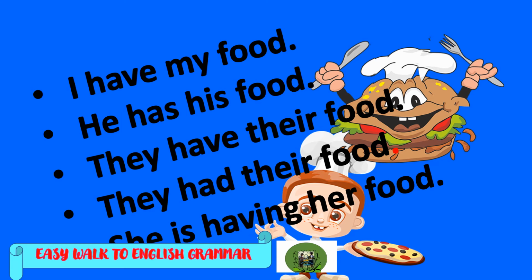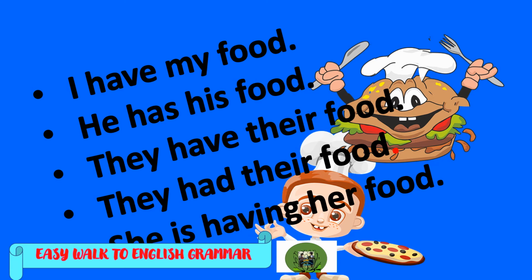Coming to the next sentence, he has his food. The meaning is same and we used the present tense singular form of have, and that is has in that sentence because he is the subject there and he is singular.